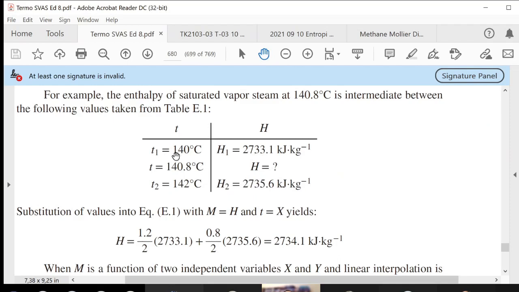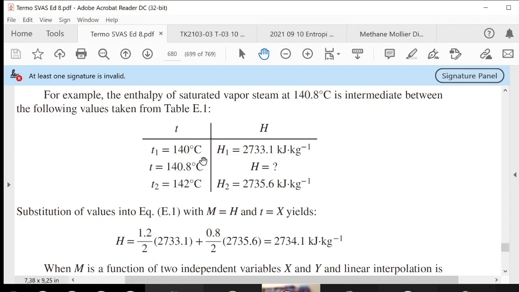Let's check. What is the delta of temperature here? The extremes are 140 and 142, so the delta is 2 Celsius. What is the delta over here? 0.8. And over here, this is 1.2. The 0.8 and 1.2 total 2.0.